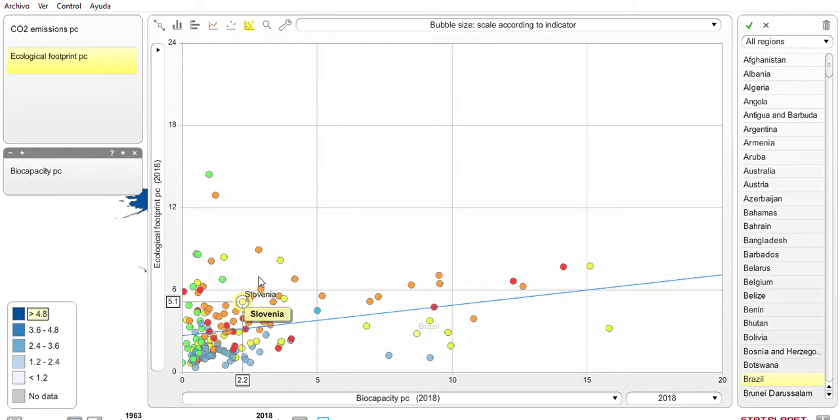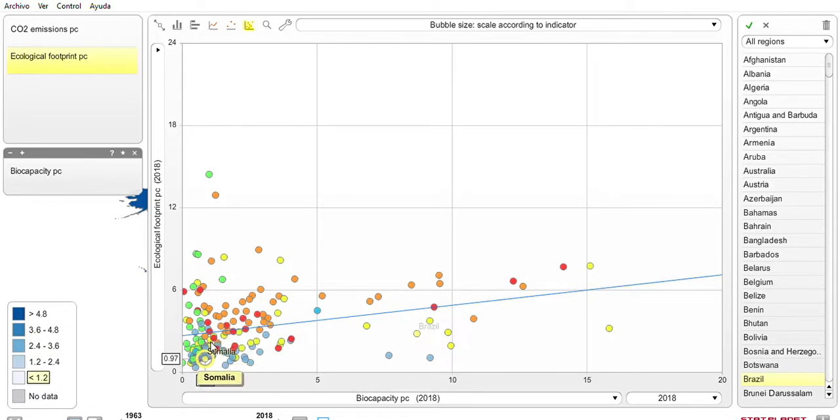Particularly countries here in orange have mild, moderate levels of biocapacity per capita because of their population density, and they use it highly because of their consumption patterns and their high GDP. And so for these countries, the higher the GDP, the higher the ecological footprint, regardless of their biocapacity per capita.